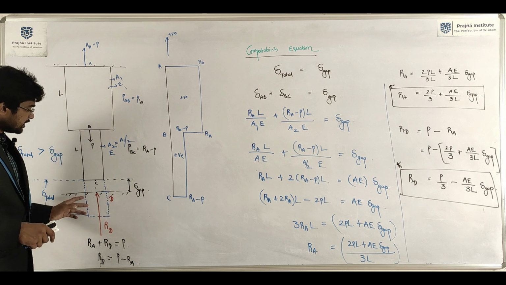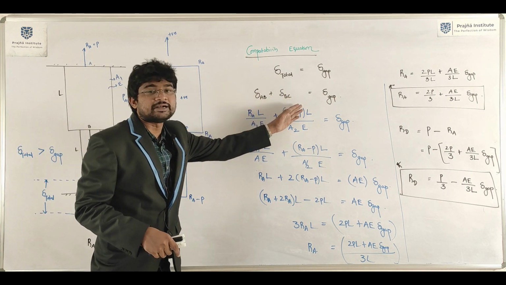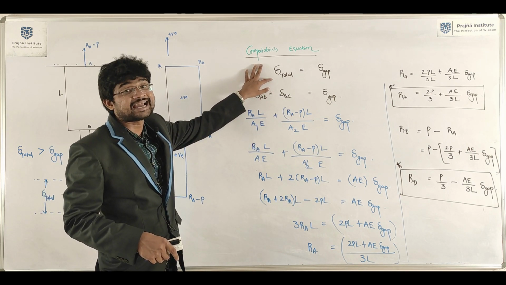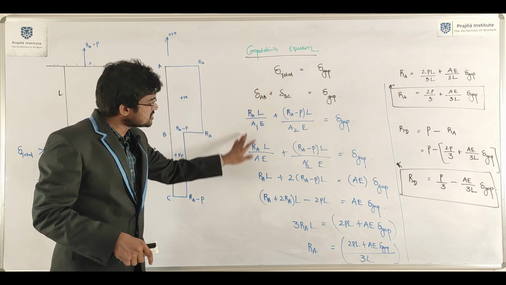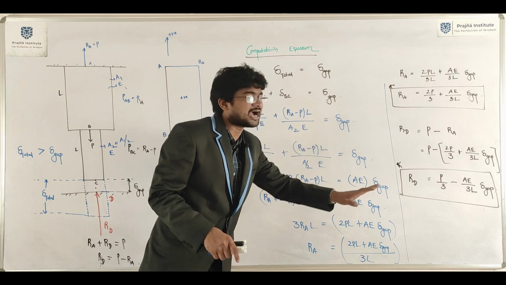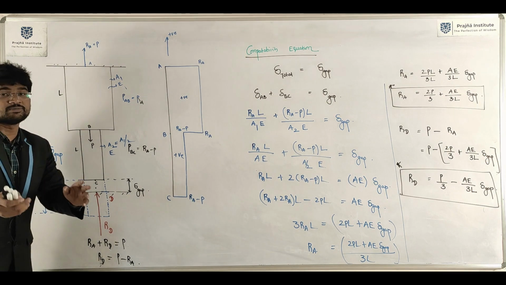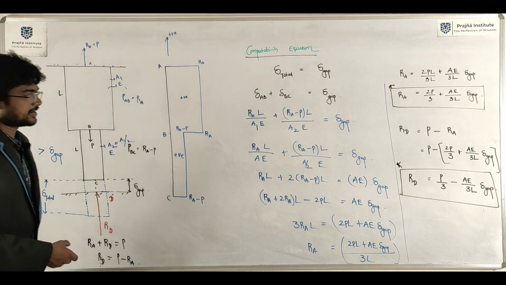In that case, you need to draw the pseudo axial loading diagram, then use the compatibility equation. This is the compatibility equation when delta gap is given. Delta AB plus delta BC is the usual calculation. Finally, we will get the magnitude of RA and RD. So follow the steps. We can solve one numerical problem regarding this method.